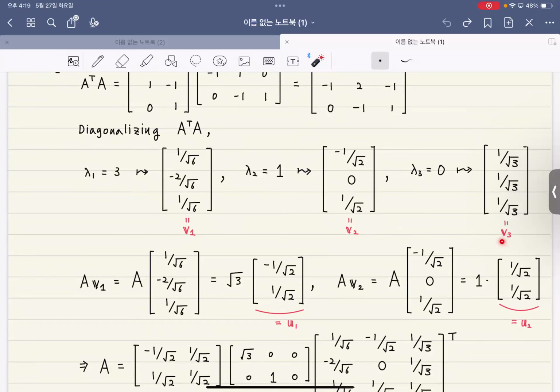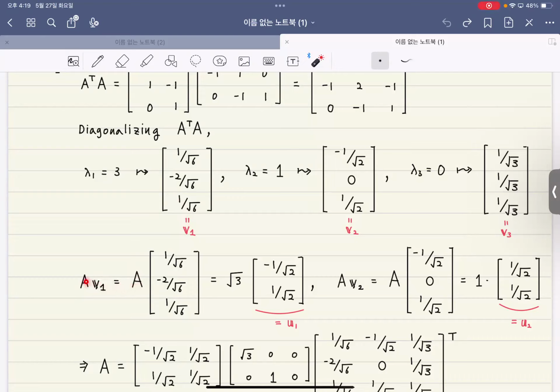But I am not that interested in this eigenvector because this eigenvector is for the eigenvalue 0. So in order to get U1 and U2, we actually have to multiply matrix A by this eigenvector V1. A times V1, which is this.